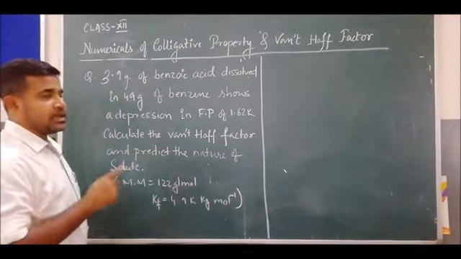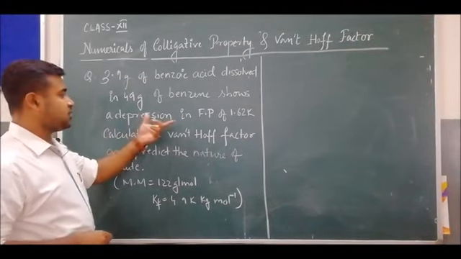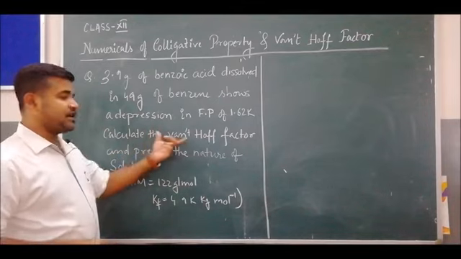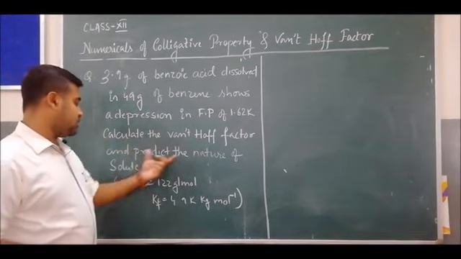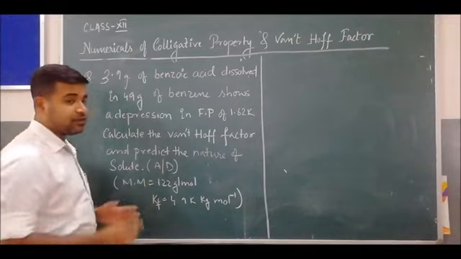3.9 gram of benzoic acid dissolved in 49 gram of benzene shows a depression in freezing point of 1.62 Kelvin. Calculate the Van't Hoff factor and predict the nature of the solute, meaning whether it associates or dissociates.